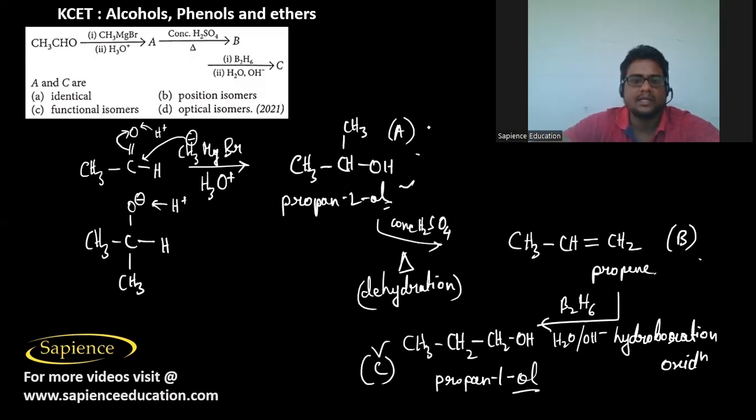And then it is told that A and C are. So A is propane 2-ol and C is propane 1-ol.